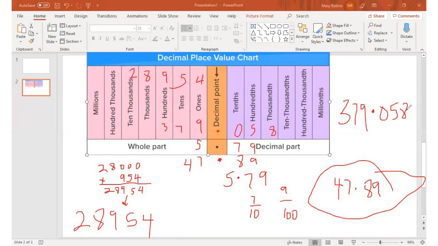You call this part singly. Then if I was to ask you, what is the place value of this 8? You're going to tell me 8 thousandths. Not 8,000 as in thousands, no, but 8 thousandths. That's what you say for the value of the 8. What's the value of the 0? It's 0 tenths, or 0 over 10. The 8 thousandths will be 8 over 1,000. If you want to, you could write it as a fraction, or you could just write 8 and then put the thousands with a TH S at the back.